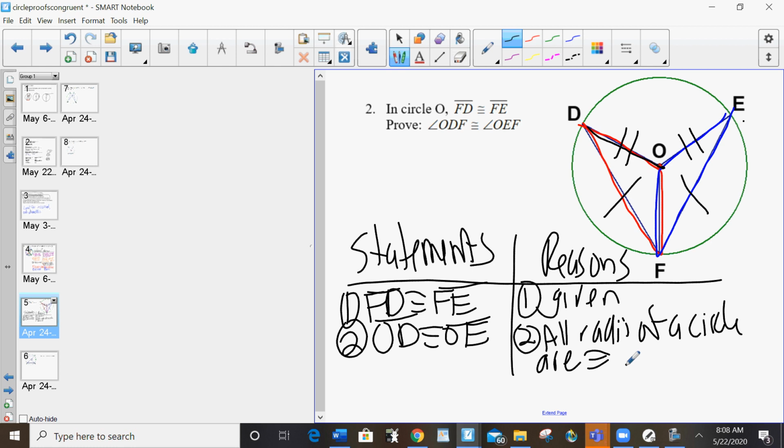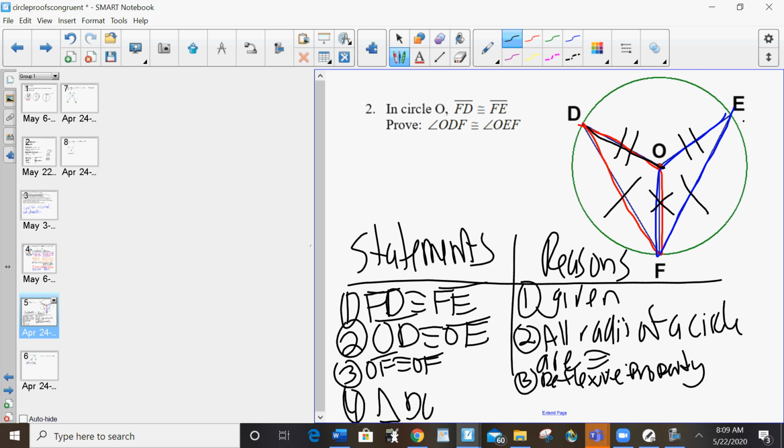However, if I move on from my circle theorems and I go to my other additional tools, VRIAS, I see reflexive property. OF is congruent to OF. Reflexive property. Now that I have 3 things, I can state that triangle DOF is congruent to triangle EOF.